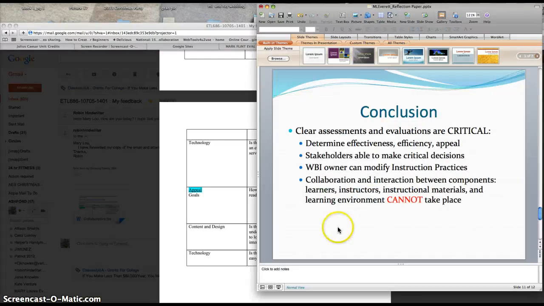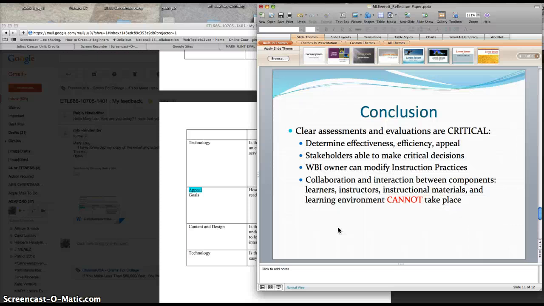In conclusion, this whole experience actually didn't come together until the very end. My knowledge about doing the summative evaluations actually would have helped me improve my design and development when I was creating my web-based instruction. Clear assessments and evaluations are critical.